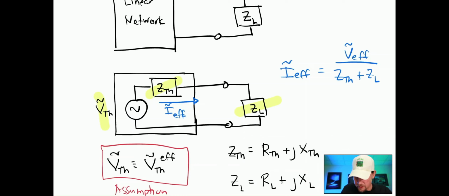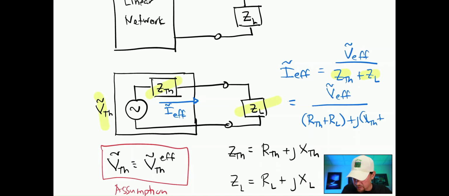This can be further expressed in the following manner. We know that the impedance here and the impedance there have a real part and a reactive part. So that can be rewritten as the Thevenin resistance plus the load resistance plus j times the Thevenin reactance plus the load reactance. Now, I pushed this up a little bit.